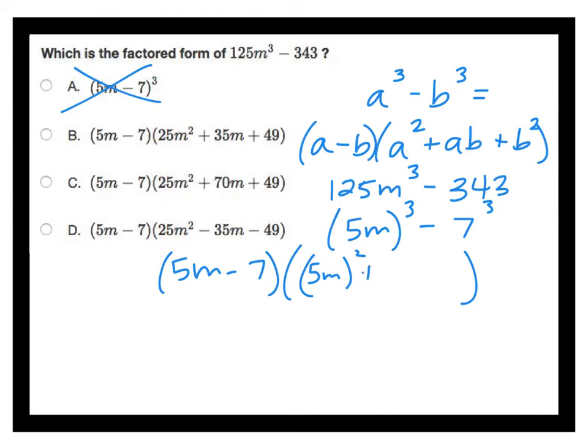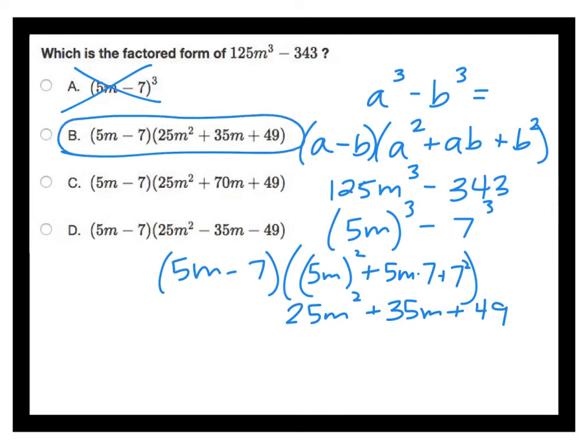Then it's going to be plus, and it's going to be the product of the 2. 5m times 7, then it's going to be plus 7 squared. So that means I have 25m squared plus 35m plus 49. That means B is my correct answer with that trinomial and the 5m minus 7 sitting out front.